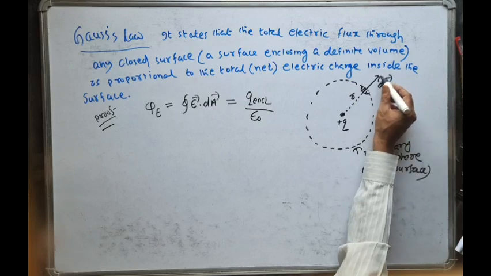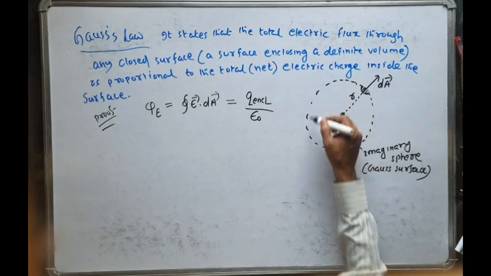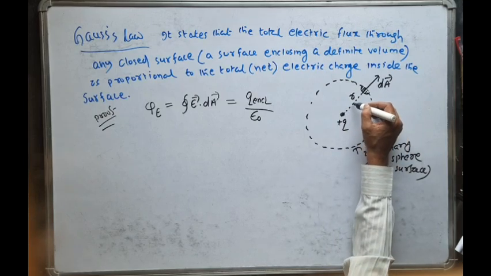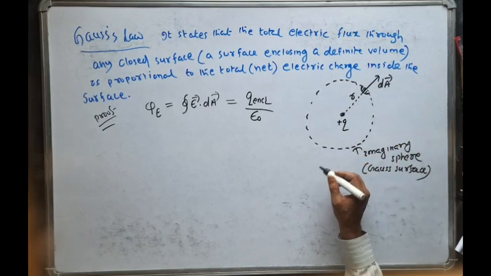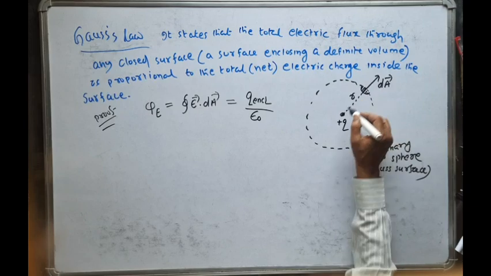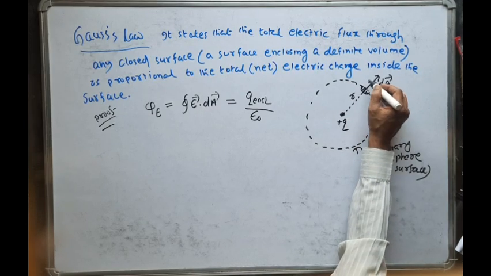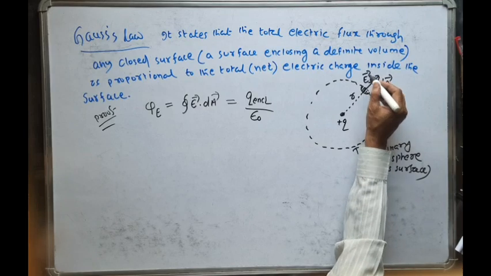So this is your area vector of this small element. For a sphere the area vector always lies along the radial line and it is outward. And what is the electric field intensity at this point? If you keep a unit positive test charge, then this plus q will repel this plus 1 charge along this direction. So this is the direction of the electric field.